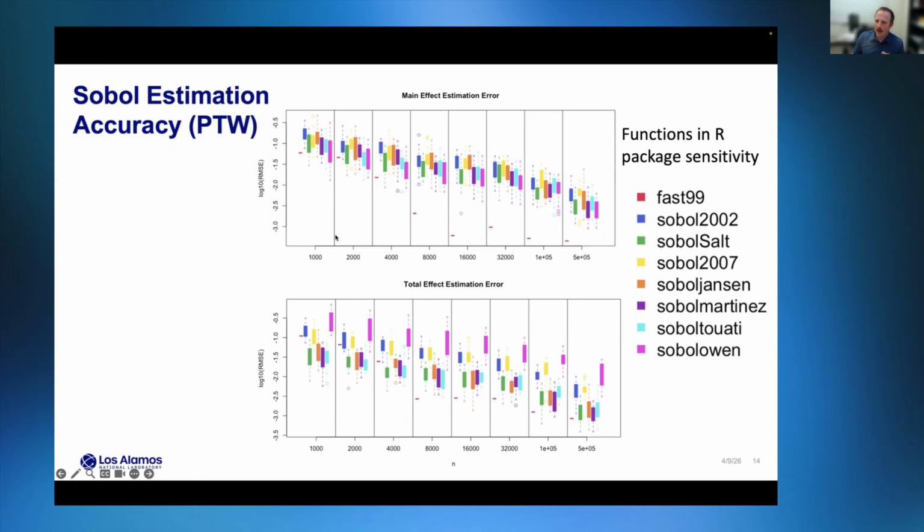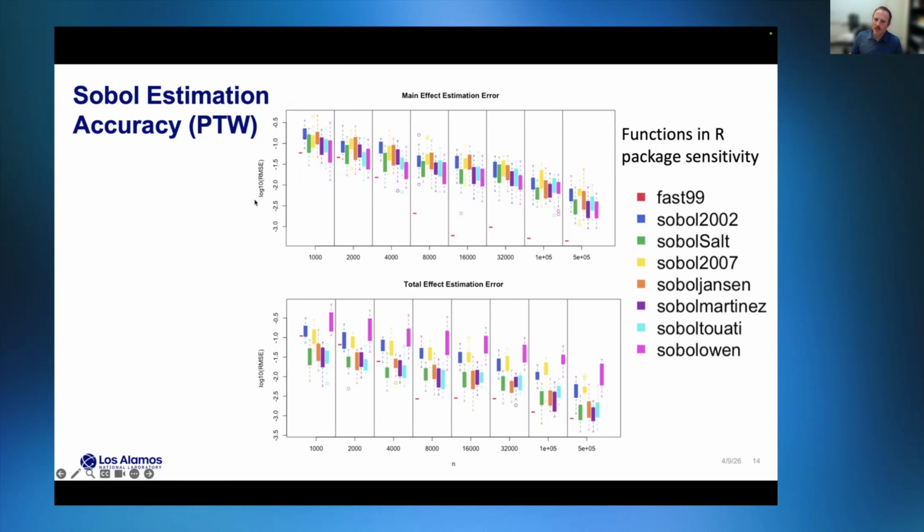And then the x-axis is number of evaluations of the function. So with 1,000 evaluations of the function, a log 10 RMSE of -1 is saying we have like a 0.1 RMSE, which is large, right? When you're talking about indices that are between 0 and 1, a 0.1 RMSE is pretty large. But think of this axis as like how many decimals of error, I guess.